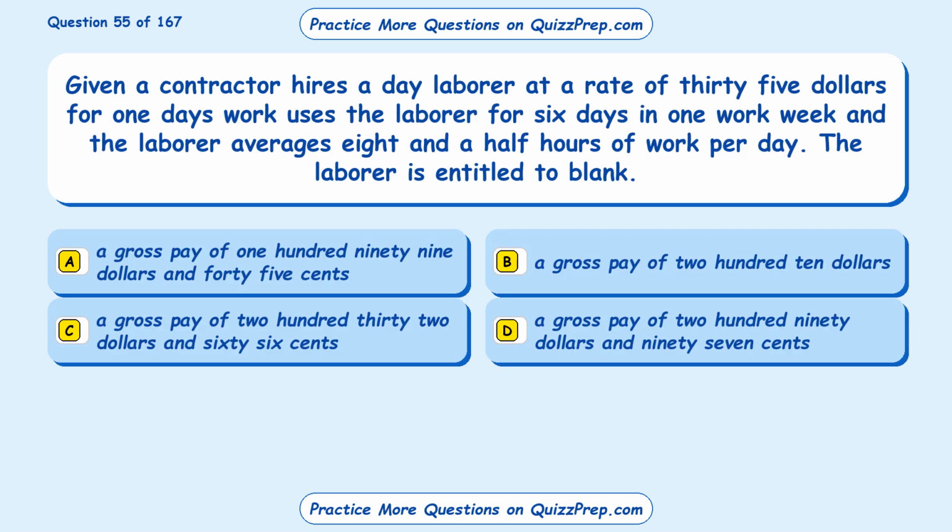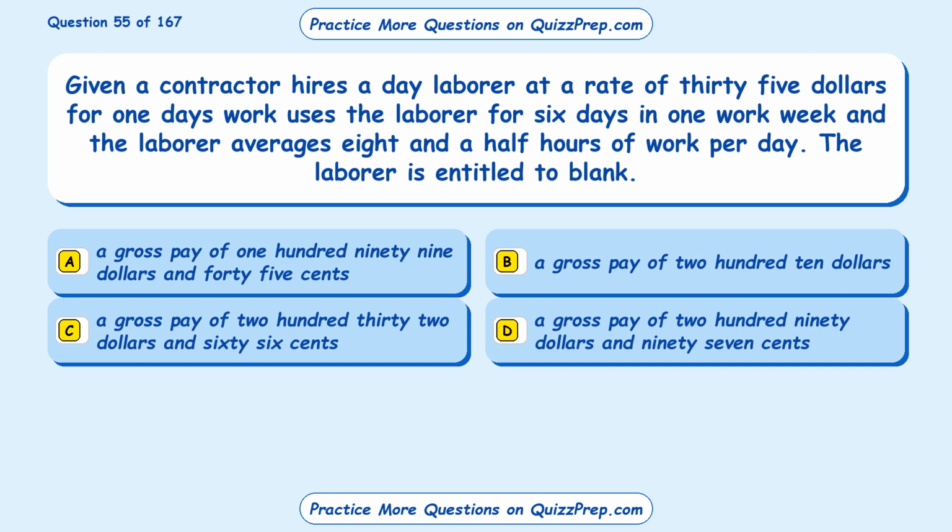Question 55. Given a contractor hires a day laborer at a rate of $35 for 1 day's work, uses the laborer for 6 days in 1 work week, and the laborer averages 8.5 hours of work per day, the laborer is entitled to blank. Option A, a gross pay of $199.45. Option B, a gross pay of $210.